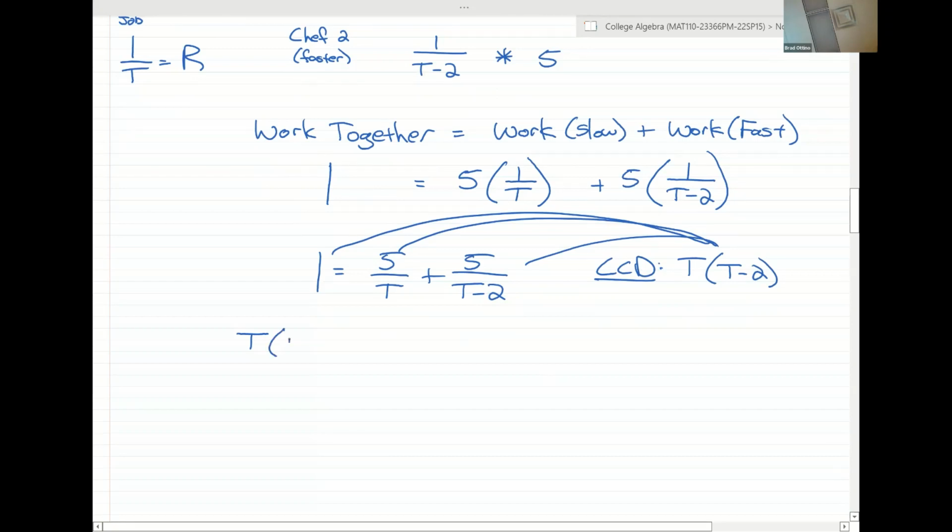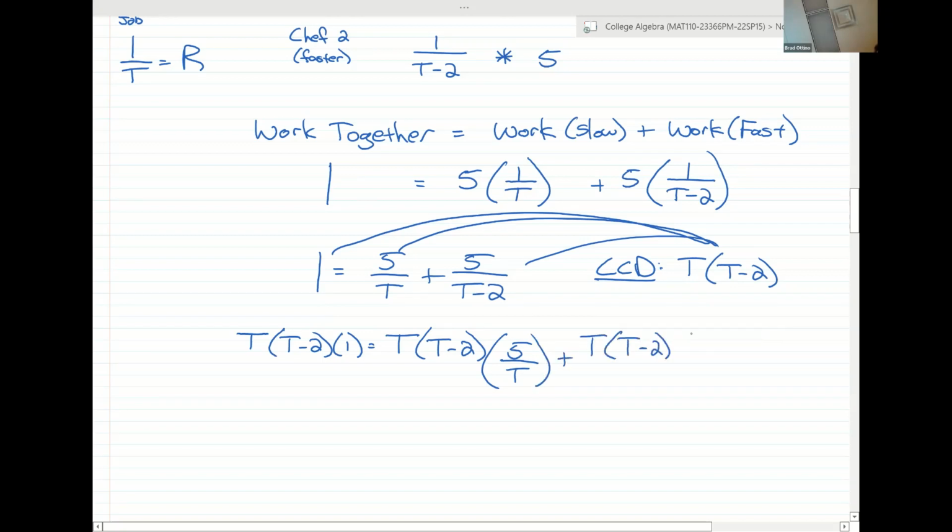t times t minus 2 is equal to t times t minus 2 times 5 over t plus t times t minus 2 times 5 over t minus 2.